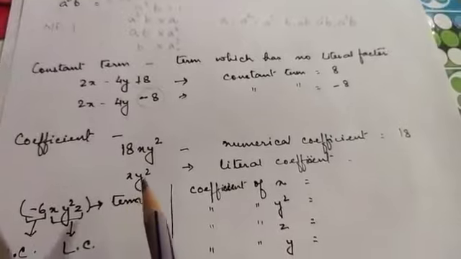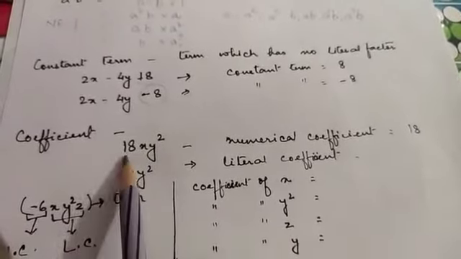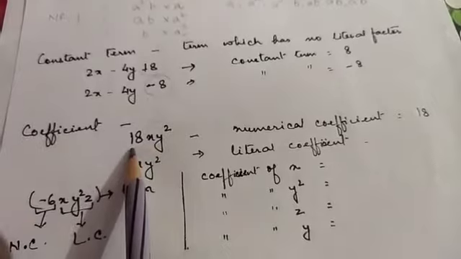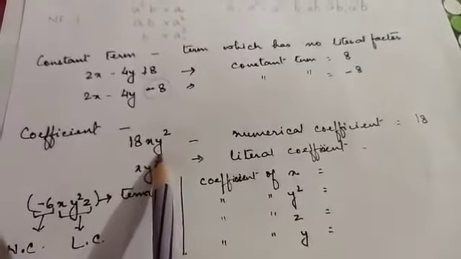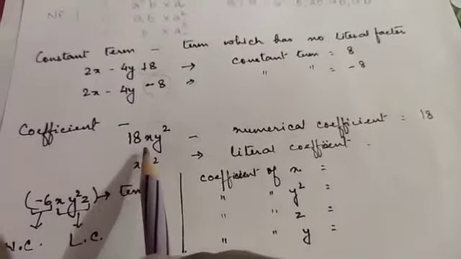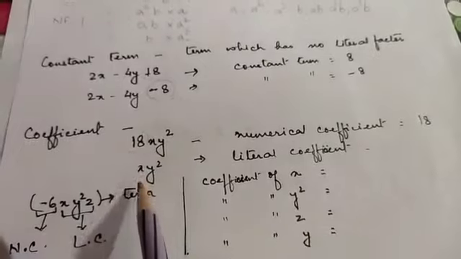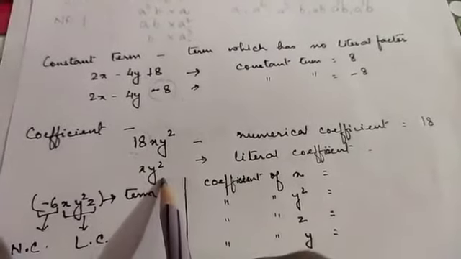And the numerical factor that is attached to the variable is called the numerical coefficient. In 18xy square, the numerical coefficient is 18 and xy square is the literal coefficient.